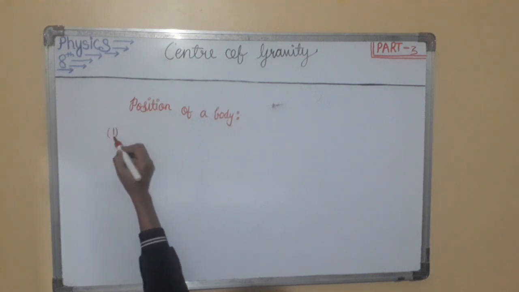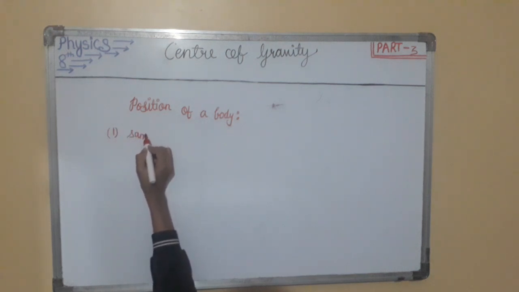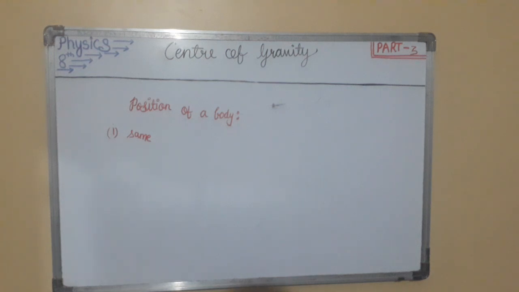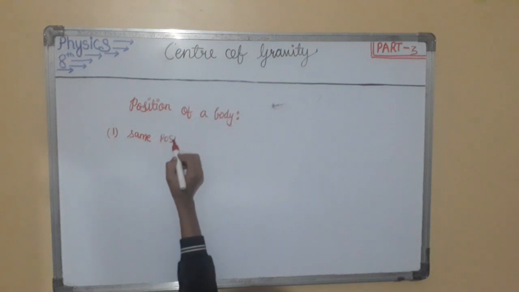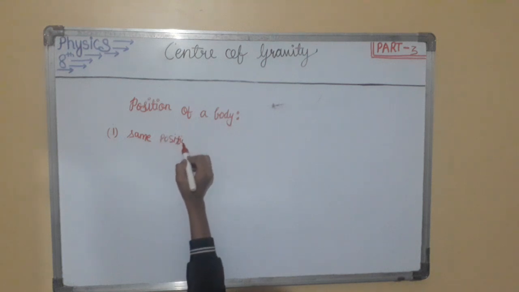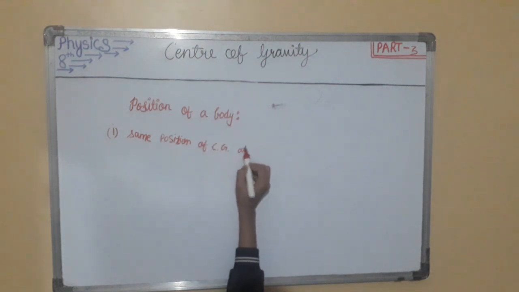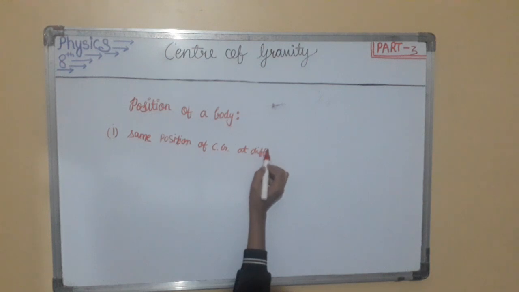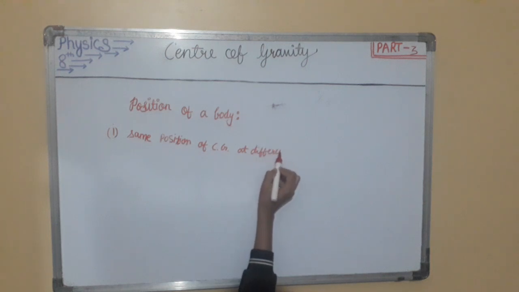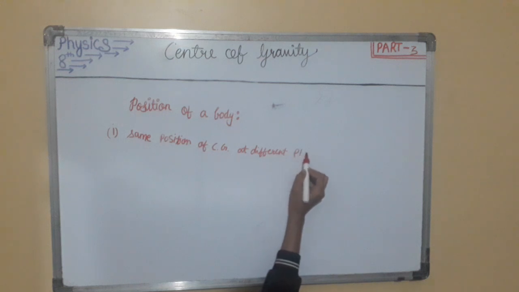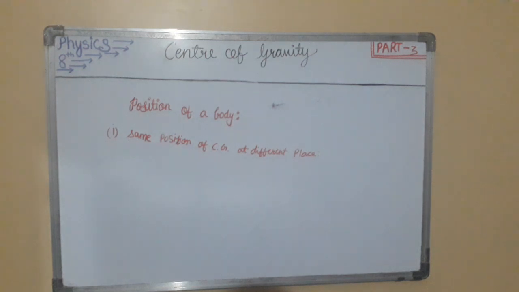First point is same position of center of gravity at different places. Consider a body at point X which has the center of gravity at CG.